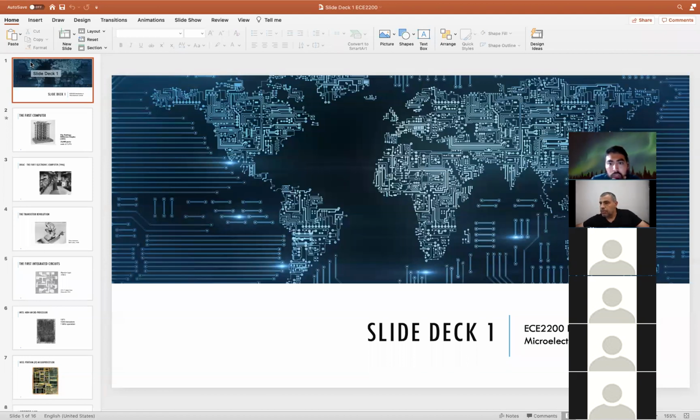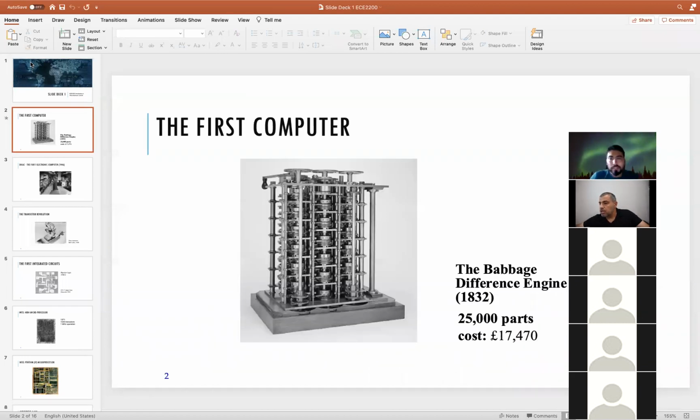It really comes from a computer perspective, going down the history of where people were trying to build custom computers. Starting here, this is the first recorded or first agreed-on computer, from about 190 years ago.